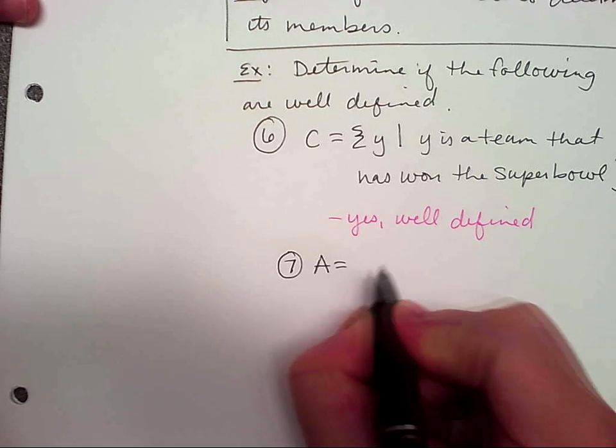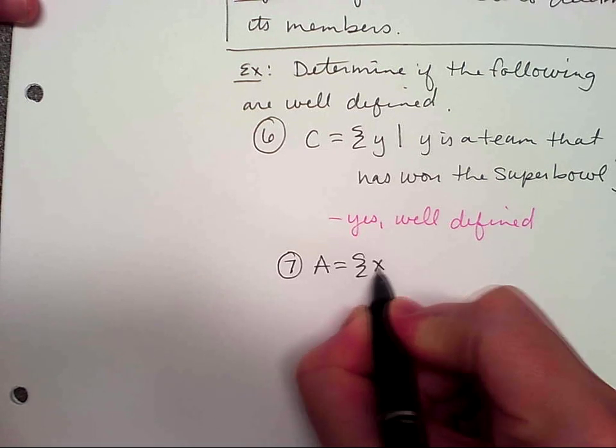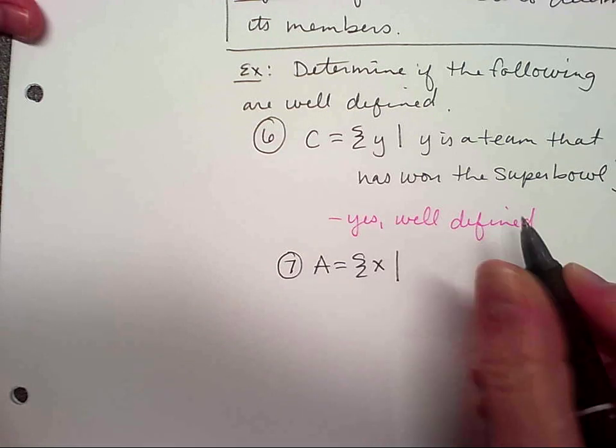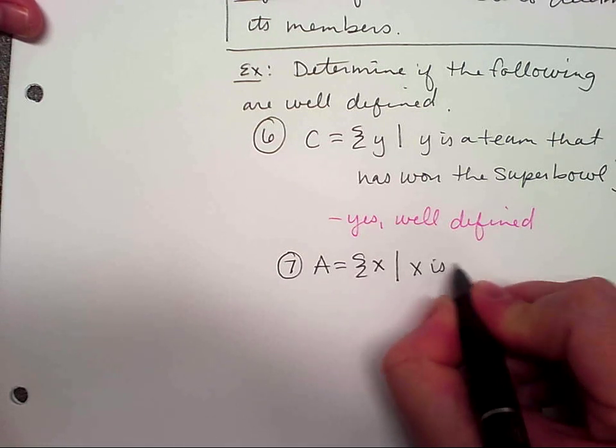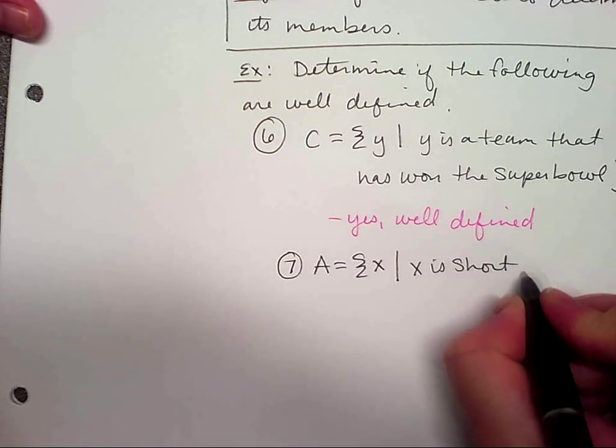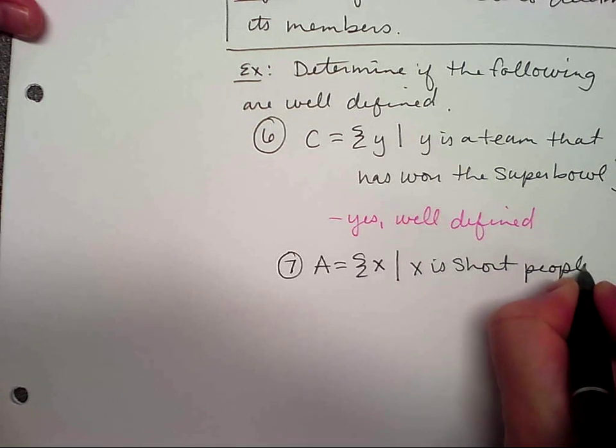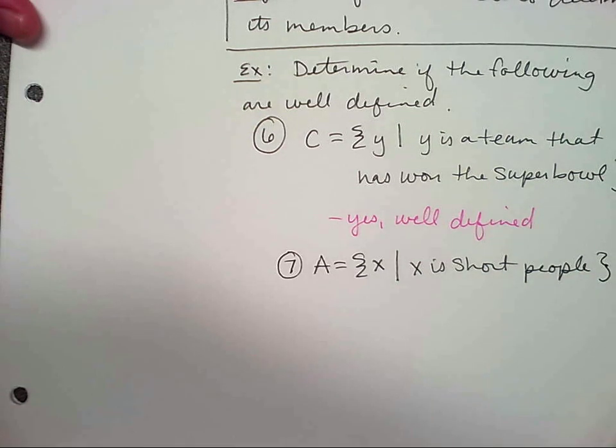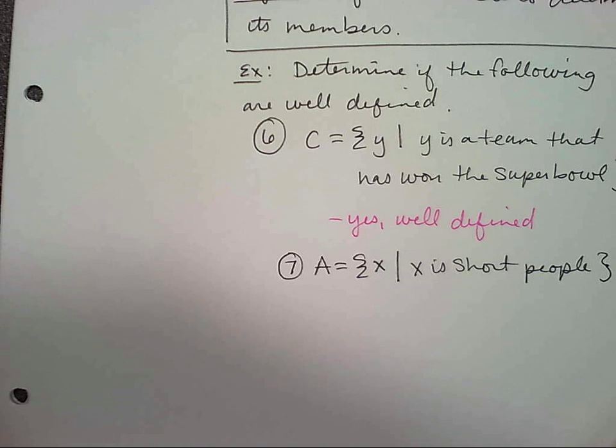Okay, let's talk about the set A. A is the set of X such that X is short people. Is that a well-defined set? No? Why not? Exactly. What your definition of a short person is probably depends on a lot of things, right? Jalen, you're on the basketball team, right?